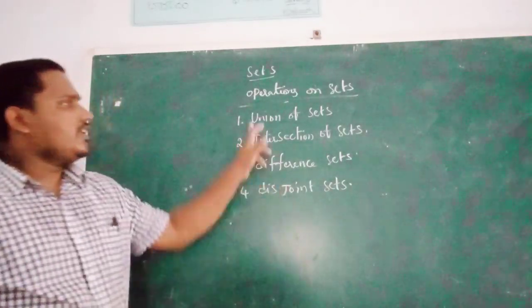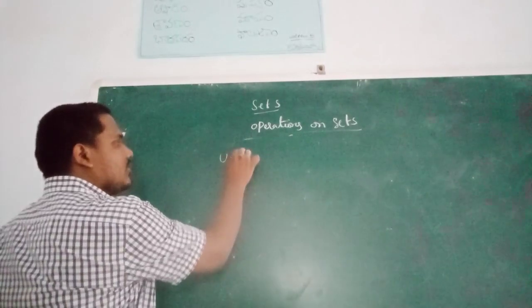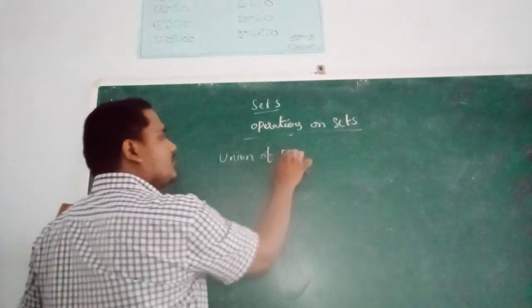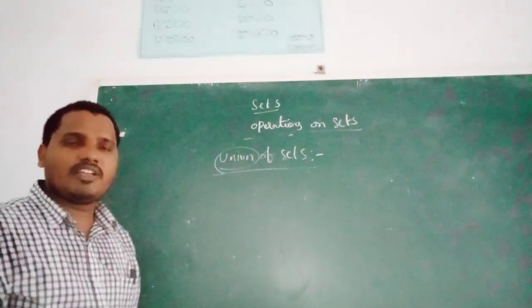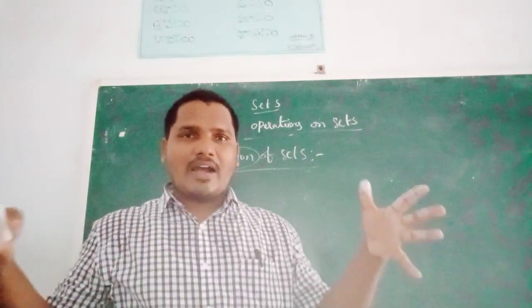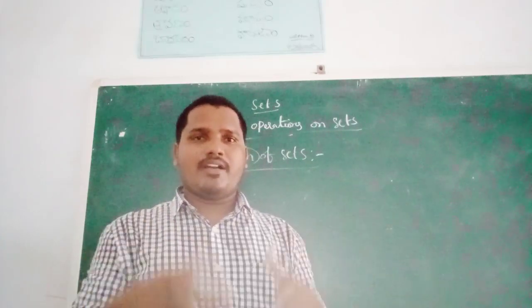Okay. What is union of sets? In the name only, union is there. Union means combined.